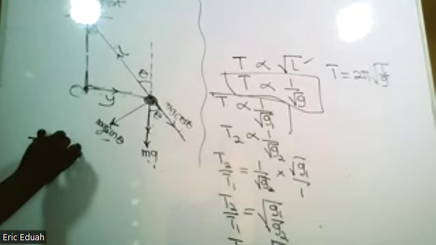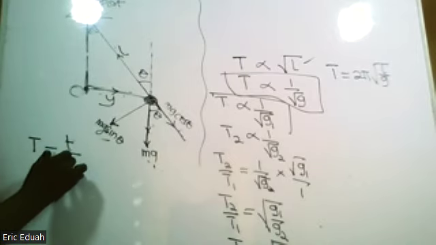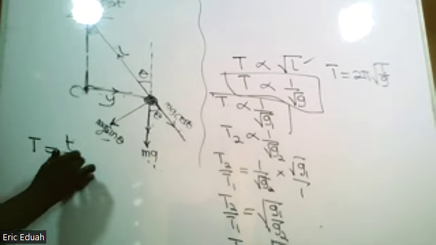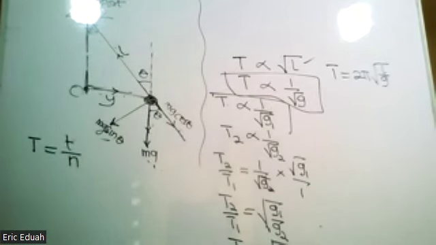Now, do not forget that period is also equal to total time divided by the number of complete oscillation cycles.